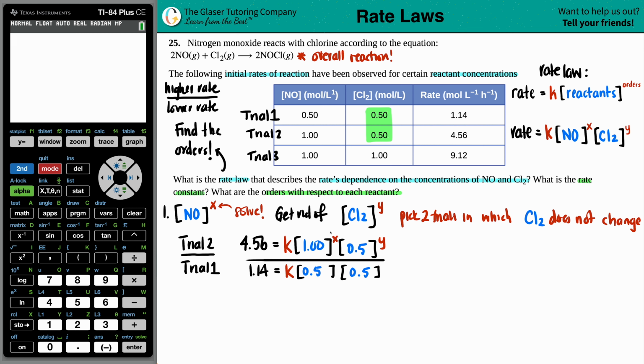So now we start canceling things out that we can. It's cool that we don't know the K value because, even though we don't know it, if I have the same value on the top and the bottom, it's a constant. That goes bye-bye. And 0.5 raised to the y divided by 0.5 raised to the y, all of this goes bye-bye.